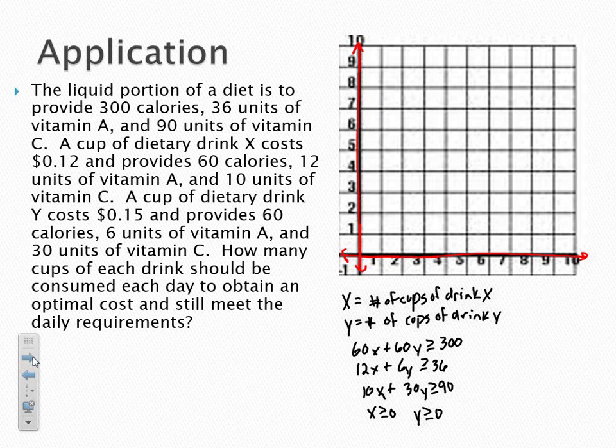And then our first inequality, using our X and Y intercepts, my second inequality, using again our X and Y intercepts, and then our third inequality, again using our X and Y intercepts.